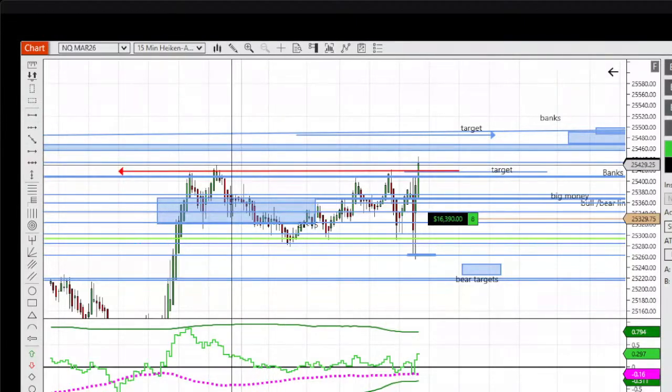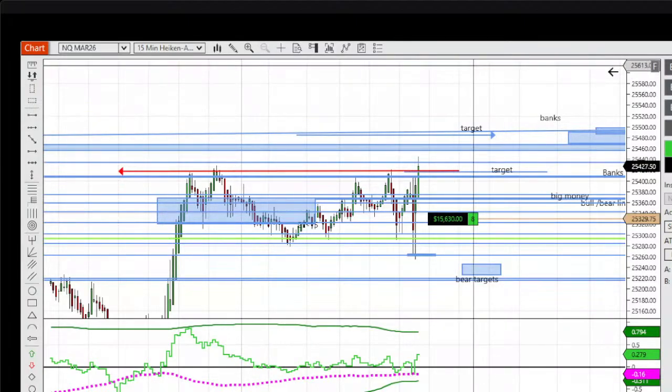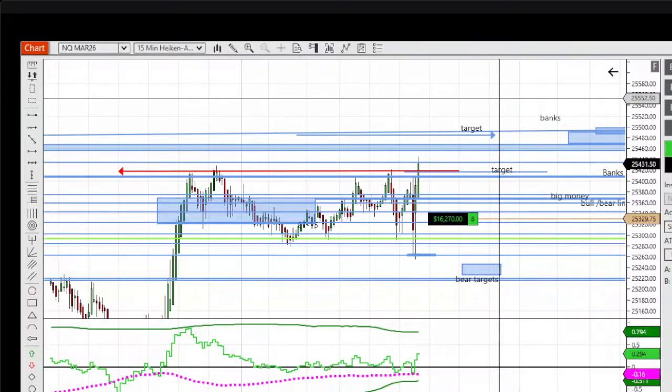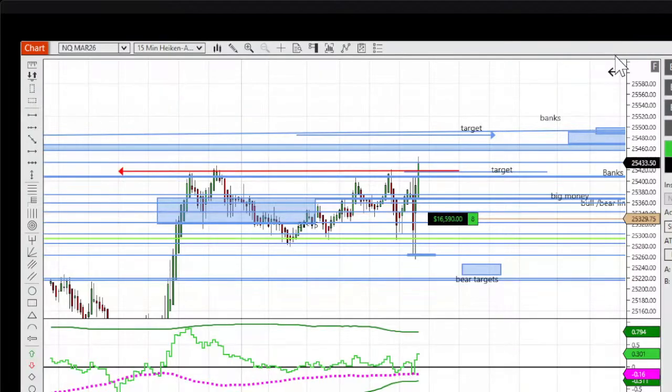Right here, 429. That's the stop. It would have just taken you out right there. Always look left for the highest candle where you're trading at. That's going to be your stop. That's how you hold profits in these trades, guys. Use the left candles as your stops.